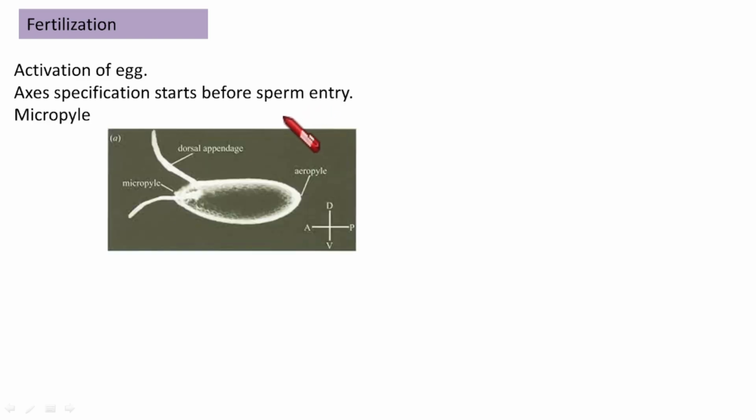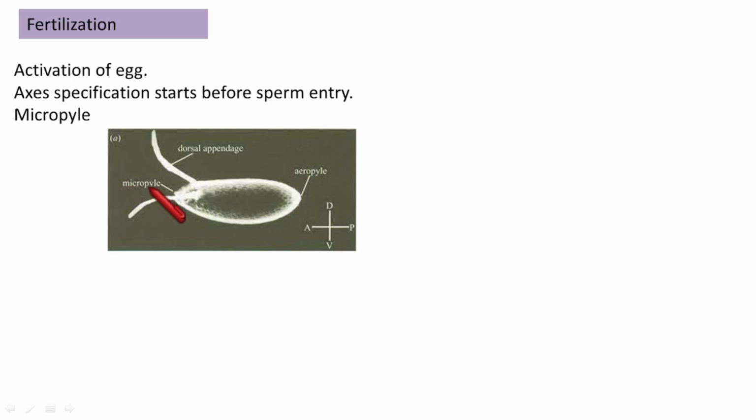Through which region does the sperm enter the egg in the case of Drosophila? Through a structure called a micropyle. It is a tunnel-like structure that can be seen on the anterior side, somewhat dorsally positioned. Only through this structure can a Drosophila sperm enter the egg.